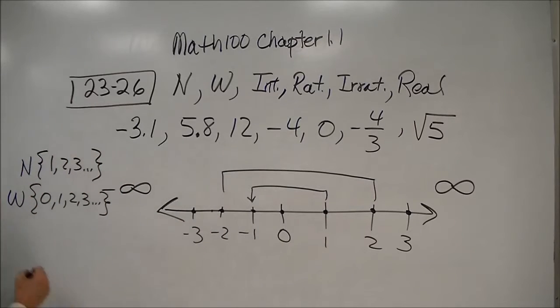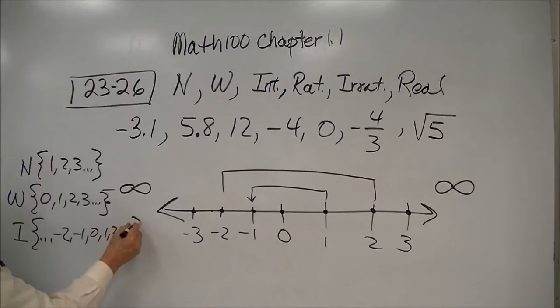That would be indicated as coming from negative infinity to, let's say, negative 2, negative 1, 0, 1, 2. This would be the set builder notation for integers. And this is the graph of it.